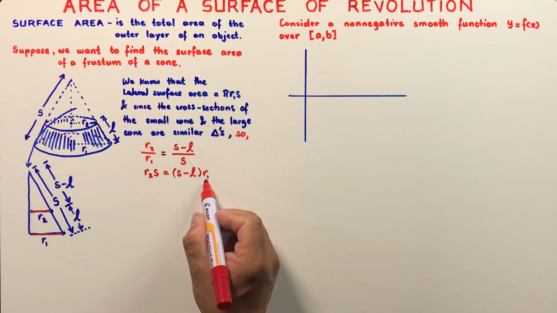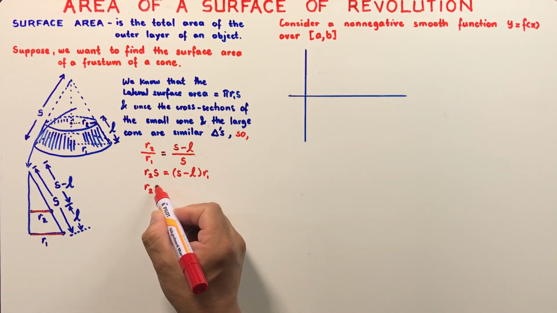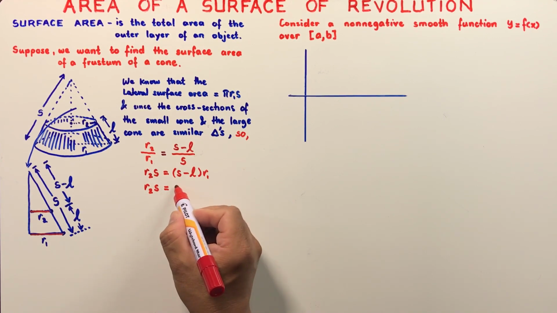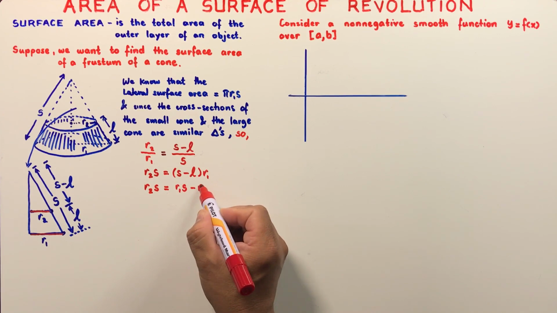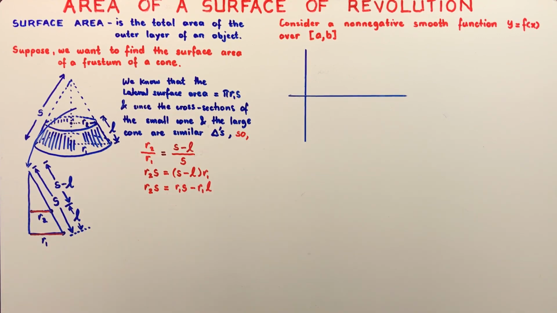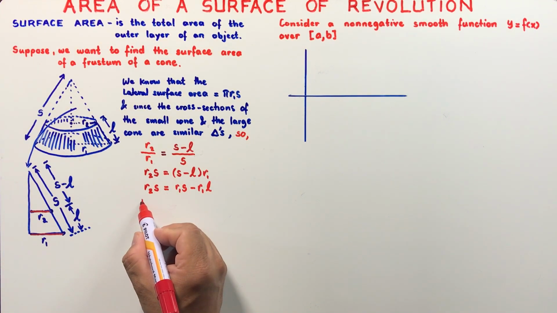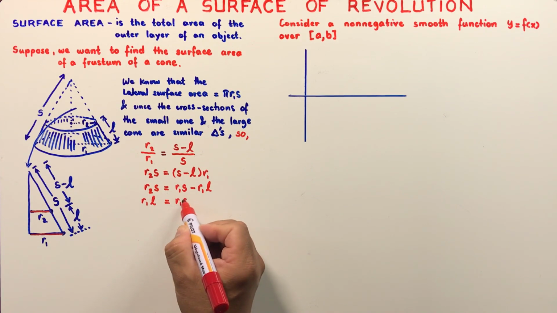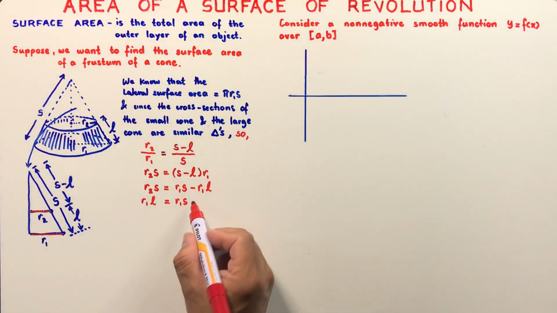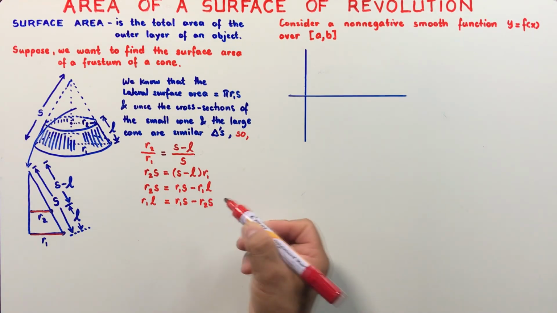Distributing this r sub 1 to this binomial, we have r sub 2 s equal to r sub 1 s minus r sub 1 L. Moving this term to the left-hand side of the equation makes it a positive term, and moving this term to the right-hand side, it becomes a negative r sub 2 s.